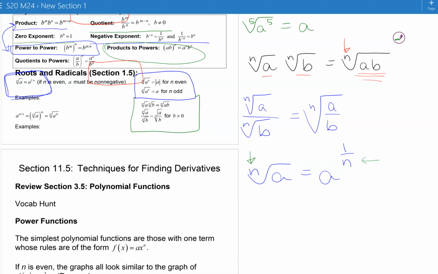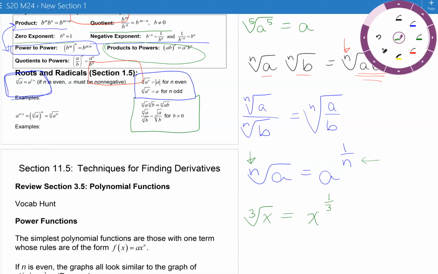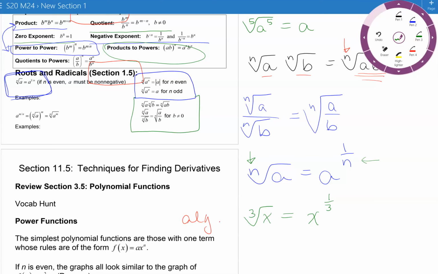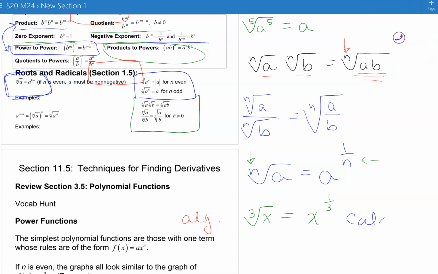It's in the bottom. So if I have the cube root of x, that can be written as x to the 1/3. So when I'm doing algebra, I like radicals better. But when I'm doing calculus, I can't do calculus on radicals. I have to change them into fraction exponents.